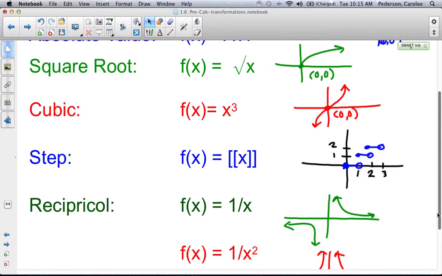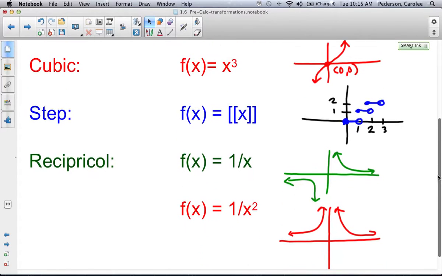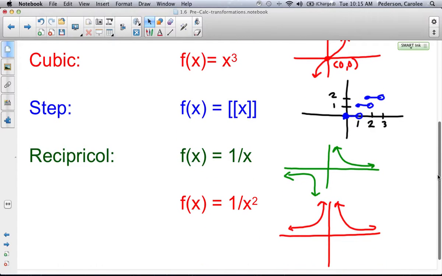The step function we talked more specifically yesterday. I just focus on where it starts at the origin at 0, 0, closed circle, going off to open circle. And then it jumps up to 1, 1. Closed circle to open circle. The last two are the reciprocal functions.